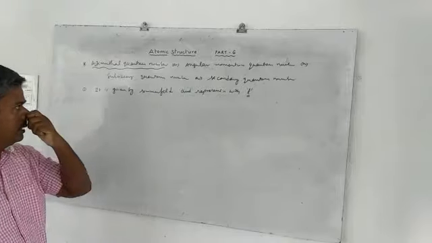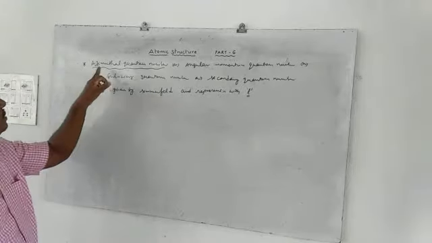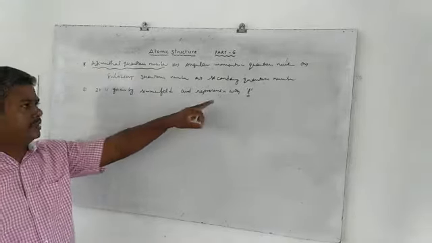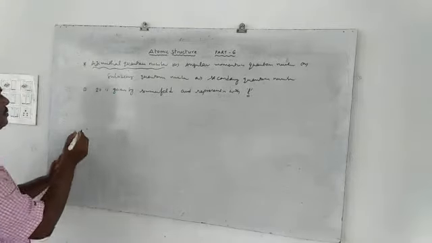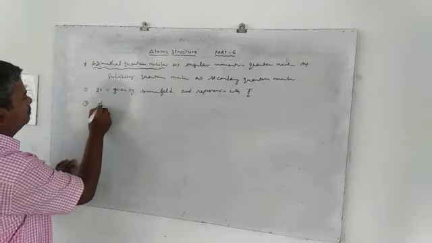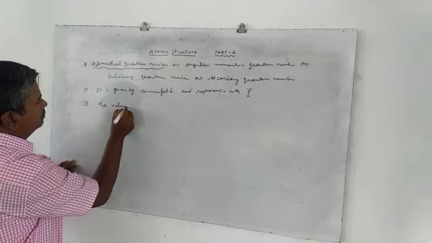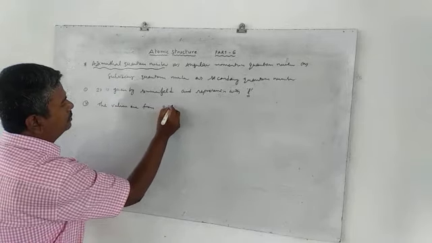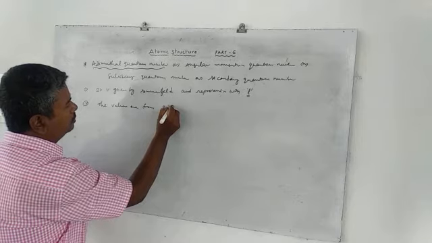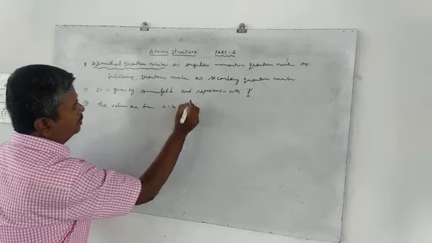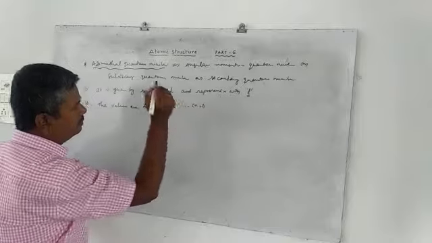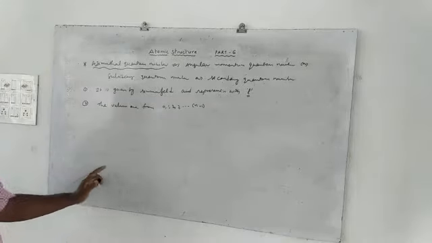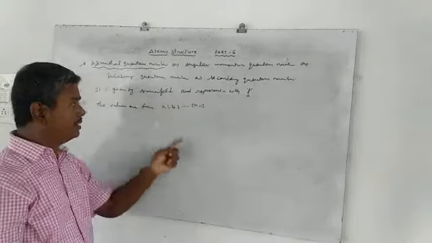So, according to Sommerfeld, from the azimuthal quantum number, the l values are from 0, 1, 2, 3 and so on, up to n minus 1 values.